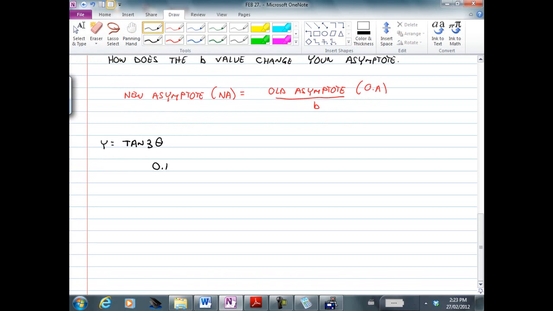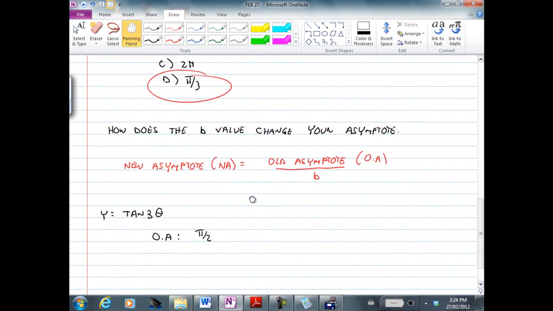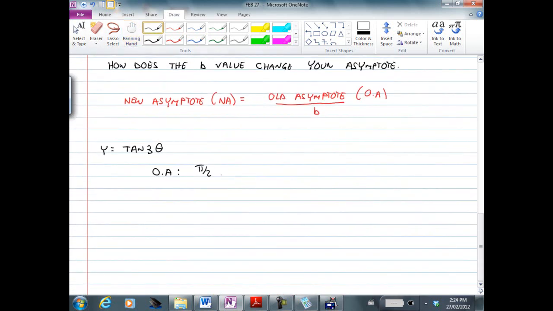First of all, you're going to write down your original asymptotes for a tan graph, those ones I asked you to remember. Paul, what was the first one that I asked you to remember? Pi by 2. You have to remember these by heart. These are the ones you have to burn in your head. Gavina, what's the next one? 3 pi by 2. That's correct.